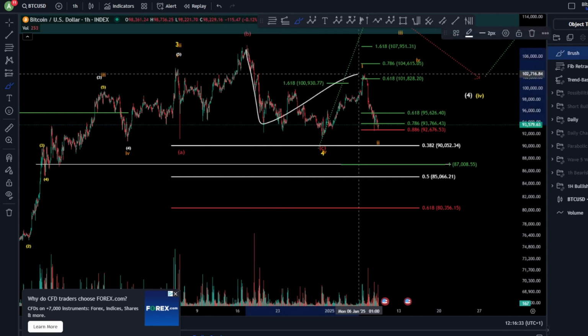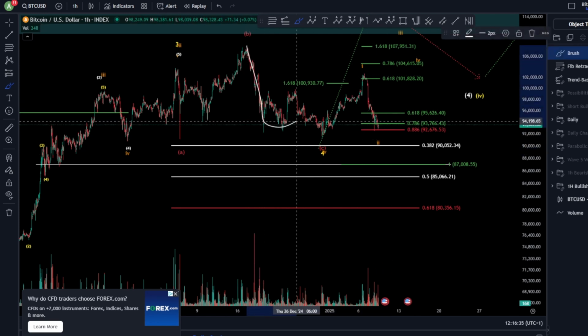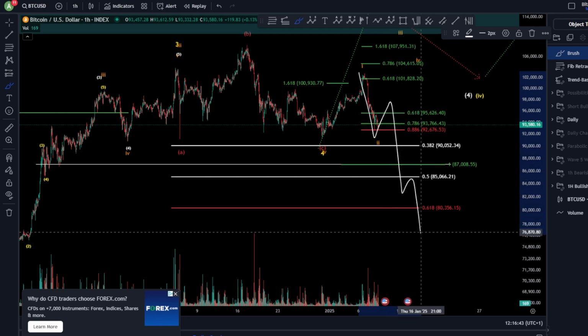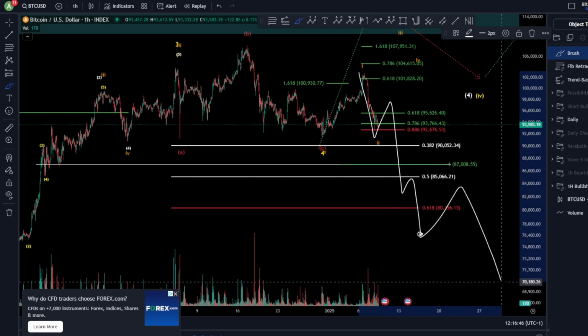It is not really related to a zigzag, it is much more related to a wave 2. And then possibly we have here a wave 1, 2, 3, 4, 5 of your wave 3, then 4, 5.